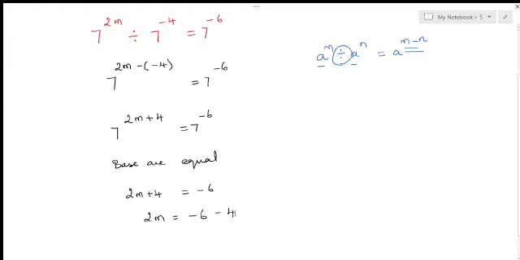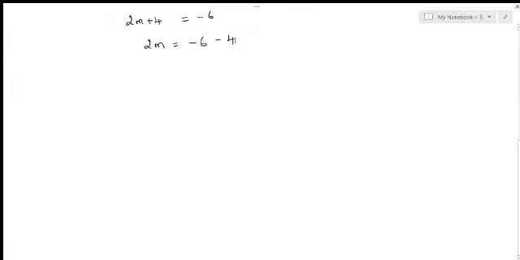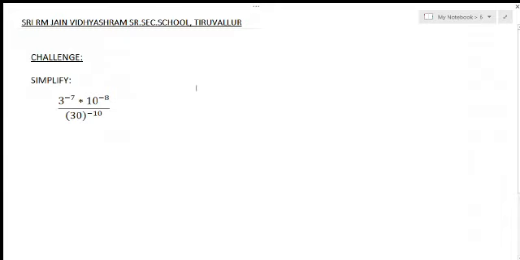Since it has same sign, minus 6 minus 4, you can add the numbers and give same sign. So 2m is equal to minus 10. Here 2 is in multiplication. When you take it to the other side, it will become division. So m is equal to minus 5. Is it clear, children? Let us go for next challenge sum.